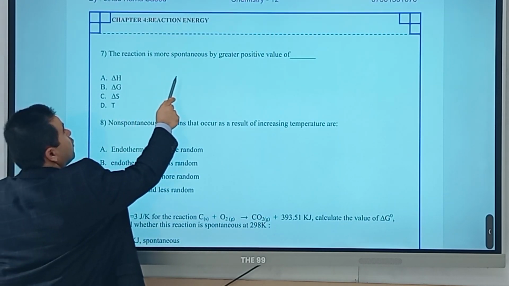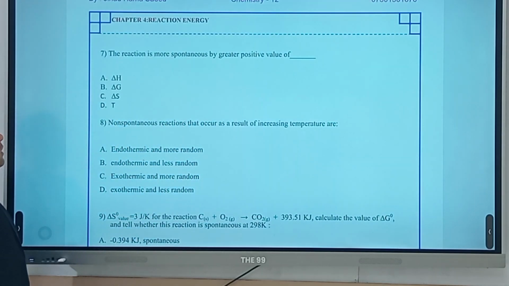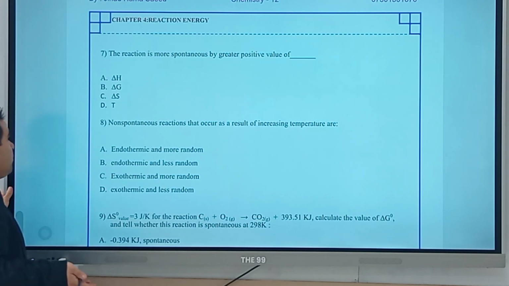The reaction is more spontaneous by a greater positive value of which of them? Delta S, delta G, delta H, T? Spontaneity is determined by having a greater positive value of entropy. Yes, of course, the entropy must be more positive to be spontaneous.